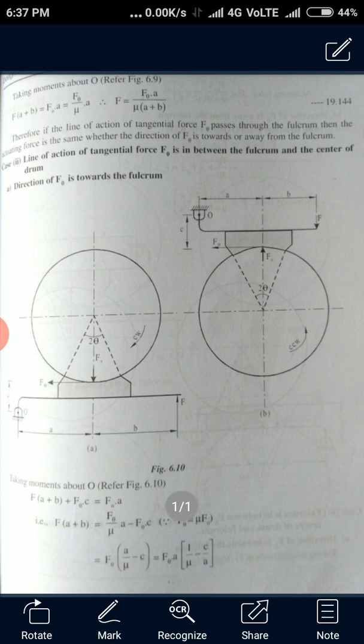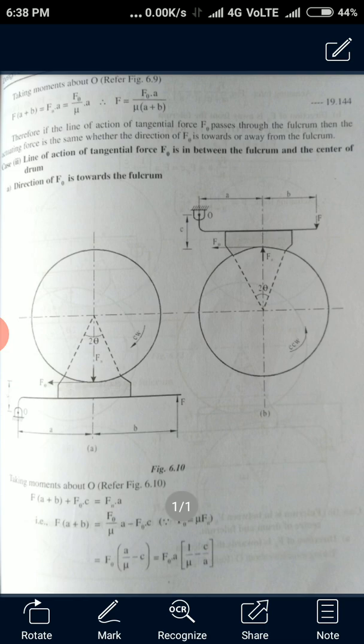But in this case, the F theta lies between the center of the drum and the fulcrum. In figure A, the drum is rotating clockwise. In figure B, the drum is rotating counterclockwise. Notice the position of the block: it is at the lower side in figure A, and at the upper side in figure B.